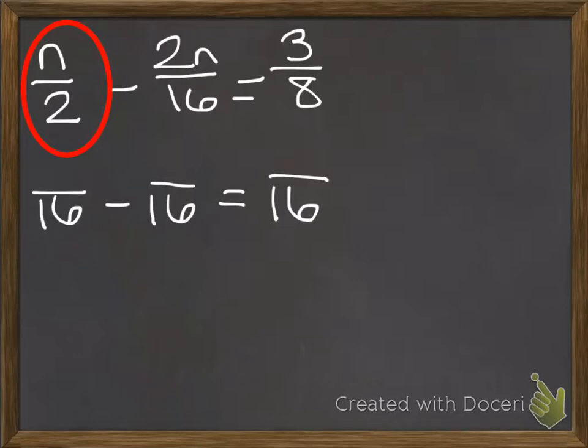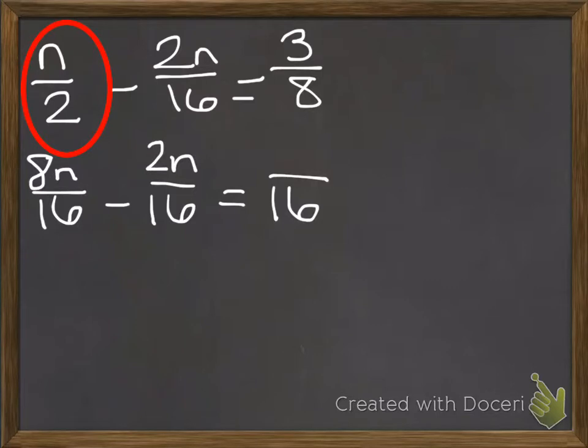So we multiply our n by 8, and we get what? 8n. Okay? On our next one, 16 is already 16. What do you multiply by? 1. So you don't have to change that one.